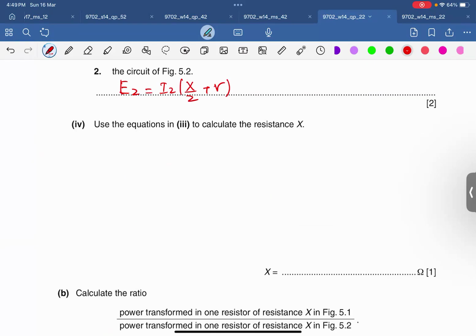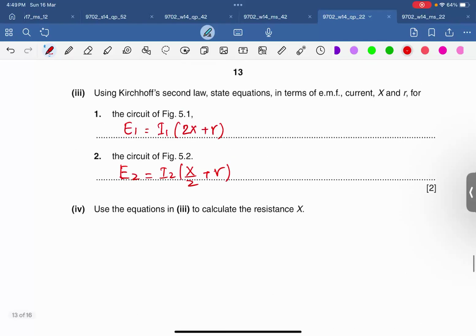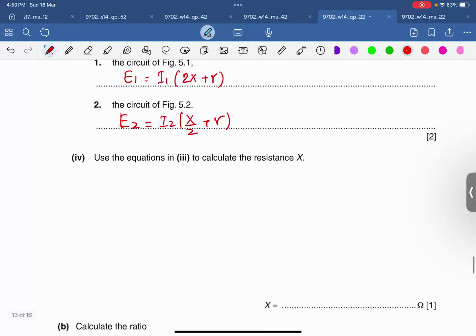Use the equations in part 3 to calculate the resistance x. Sir, for which circuit can we use any? Use the equations, x remains the same because the resistances are the same for both circuits, but the overall effect would be different because the combinations are different. Sir, if we use series, it will be easier.